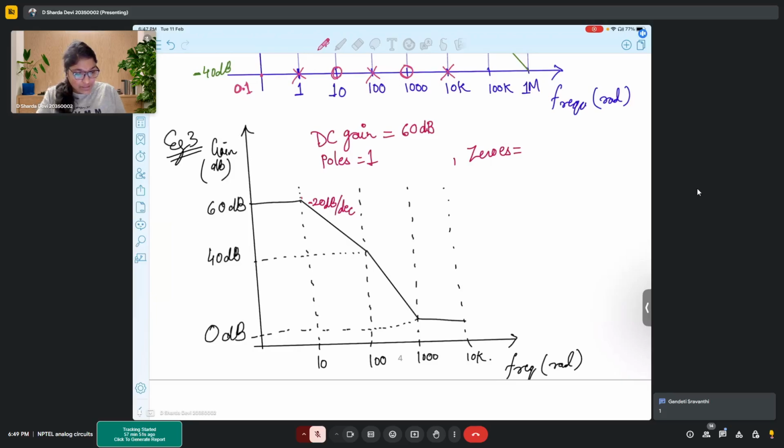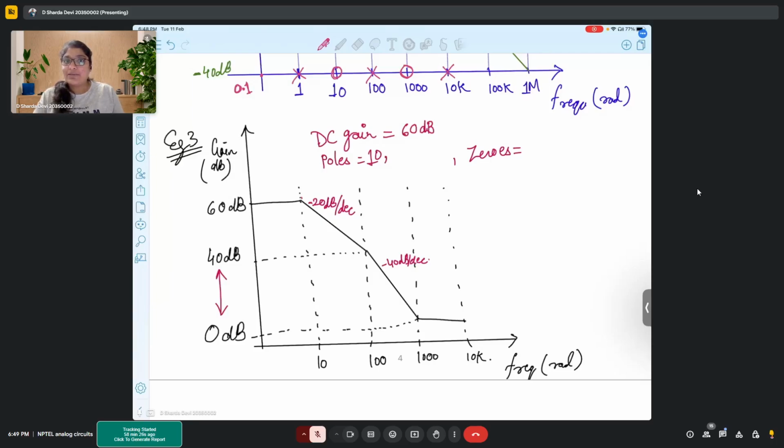Correct? Now what about 100? At 100, is it a pole or a zero? Two poles? Why two? Here it is minus 40 dB per decade. I agree with you. But earlier, the curve already had a slope of minus 20 dB per decade, right?